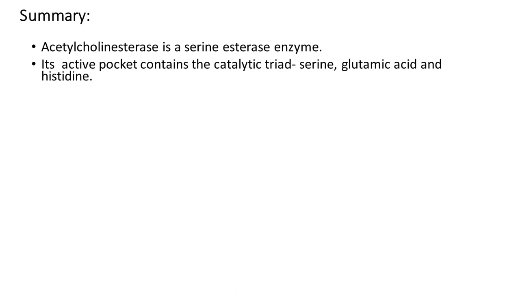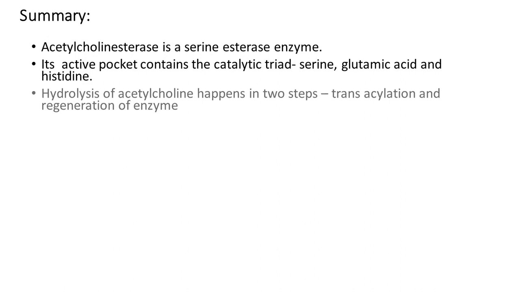Let's summarize. Acetylcholinesterase enzyme is a serine esterase enzyme. It has in the active pocket what we call a catalytic triad. The three amino acids, serine, glutamic acid and histidine, work in coordination to activate hydrolysis of acetylcholine.